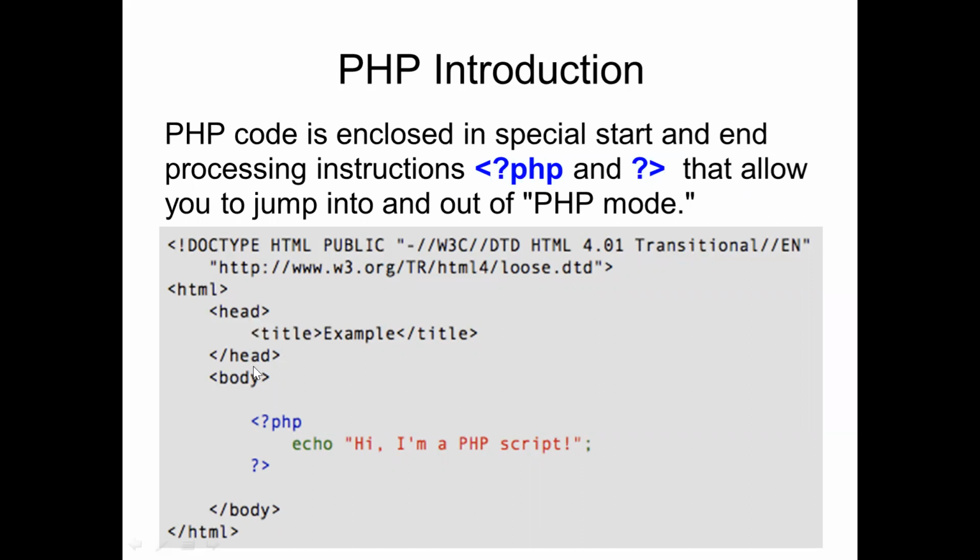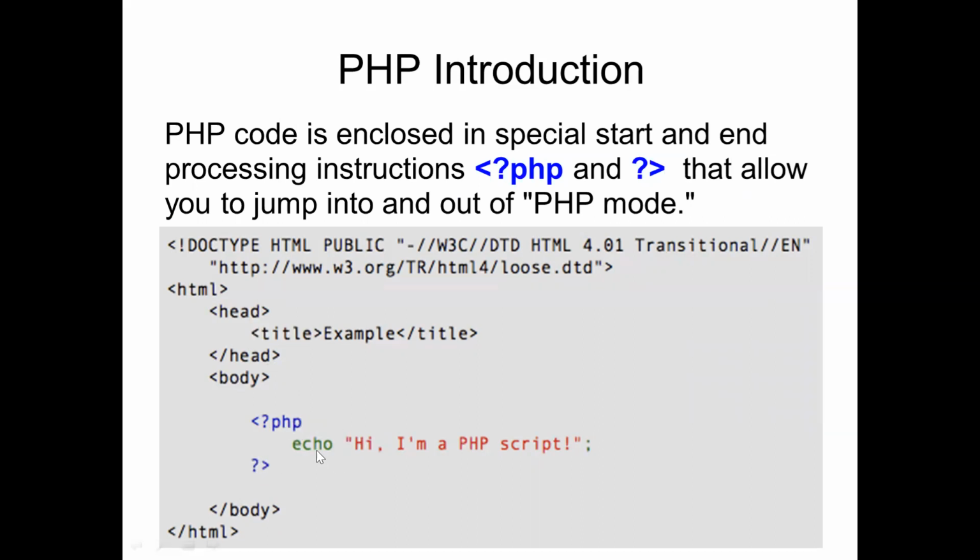Inside the body, we have enclosed the PHP part. The PHP code will always be enclosed with the start tag question mark PHP and it ends with the question mark greater than symbol.